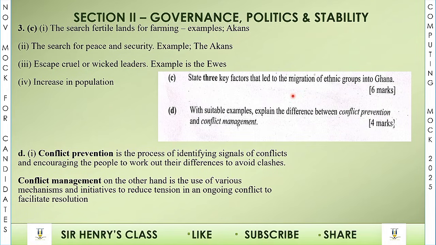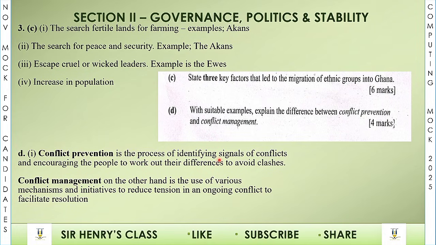Now 3C says state 3 key factors that led to the migration of ethnic groups into Ghana: the search for fertile lands for farming, the search for peace and security, to escape from cruel or wicked leaders, the increase in population, among others. D, with suitable examples, explain the difference between conflict prevention and conflict management.